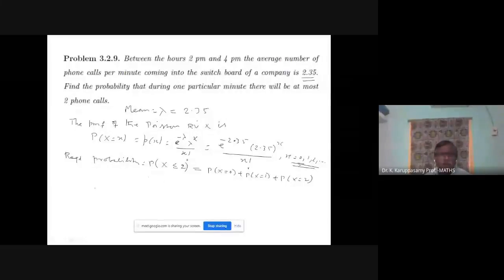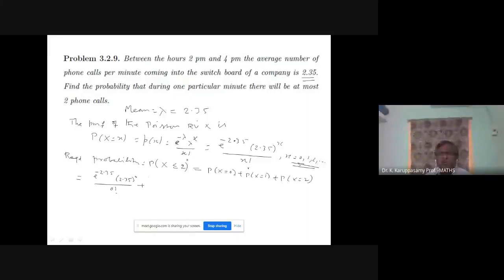In the probability mass function, you substitute x equal to 0, x equal to 1, x equal to 2, and simplify. So e power minus 2.35 into 2.35 power 0 divided by 0 factorial is my x equal to 0 case.